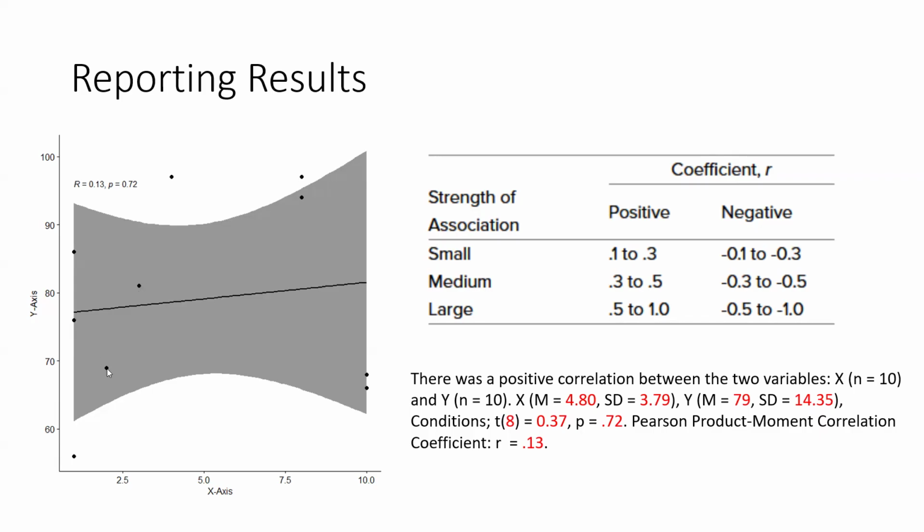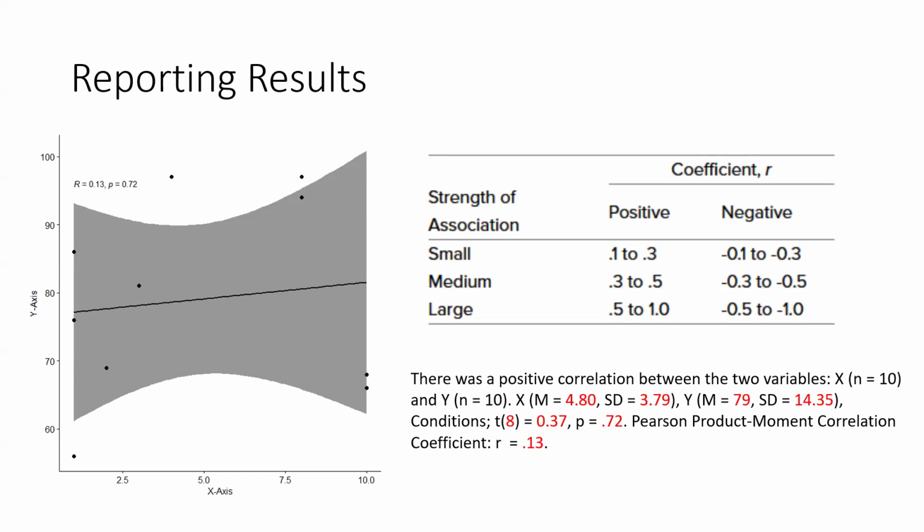Here's the value of each variable, the corresponding value for X and Y in each instance. Here is our Pearson product moment correlation coefficient value right here. And here is our p-value to the right of that.